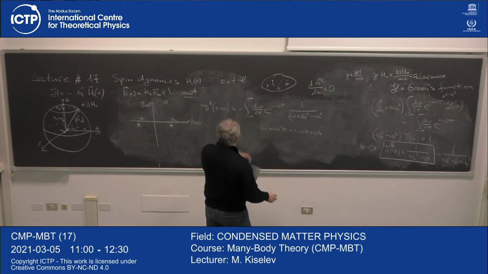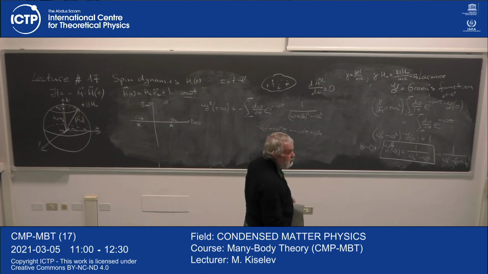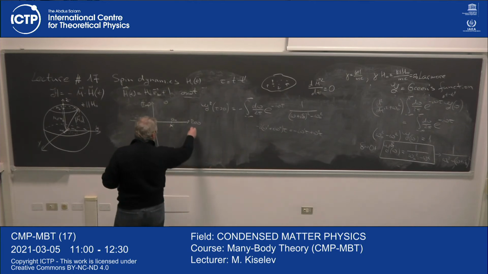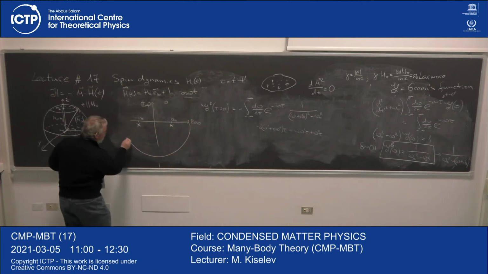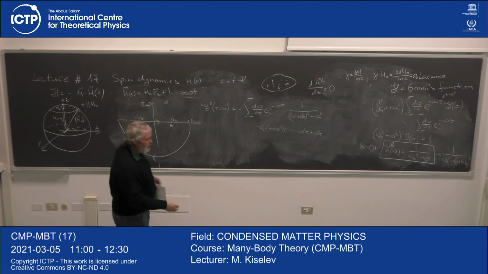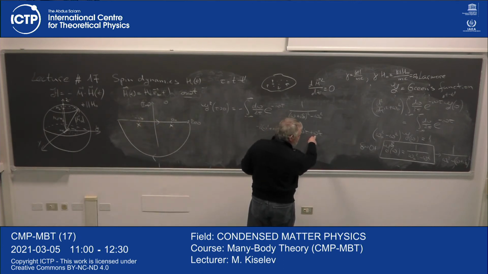So tau is positive. Therefore, in order to be able to use Jordan's lemma and provide the condition that the integral on the semicircle is vanishing, I need to close my contour in such a way that omega double prime is negative.